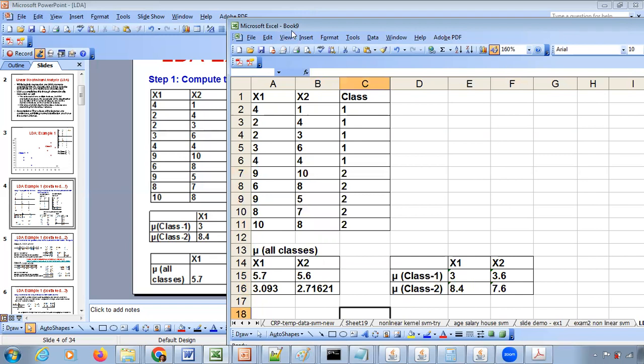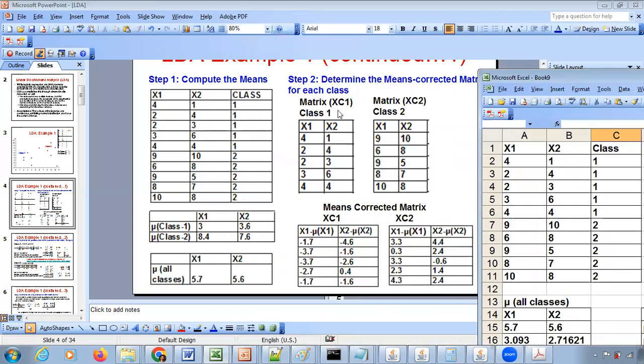The second step is to determine what's called the means corrected matrix. Let me first write down the actual matrix. We'll now form 2 matrices, XC1 and XC2, corresponding to the two classes. All the data points belonging to one particular class will be put together in one matrix, so we can just copy and paste the values here.